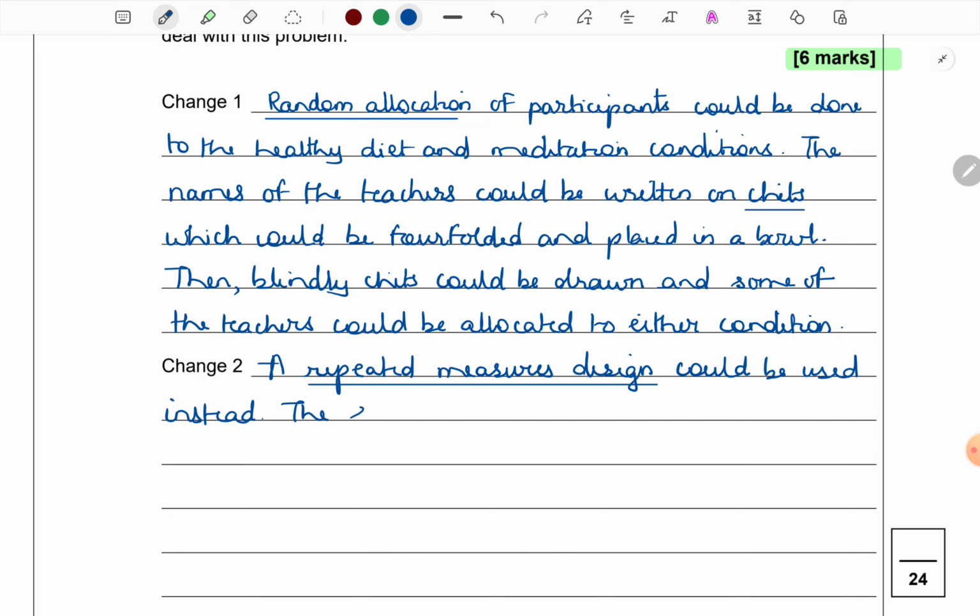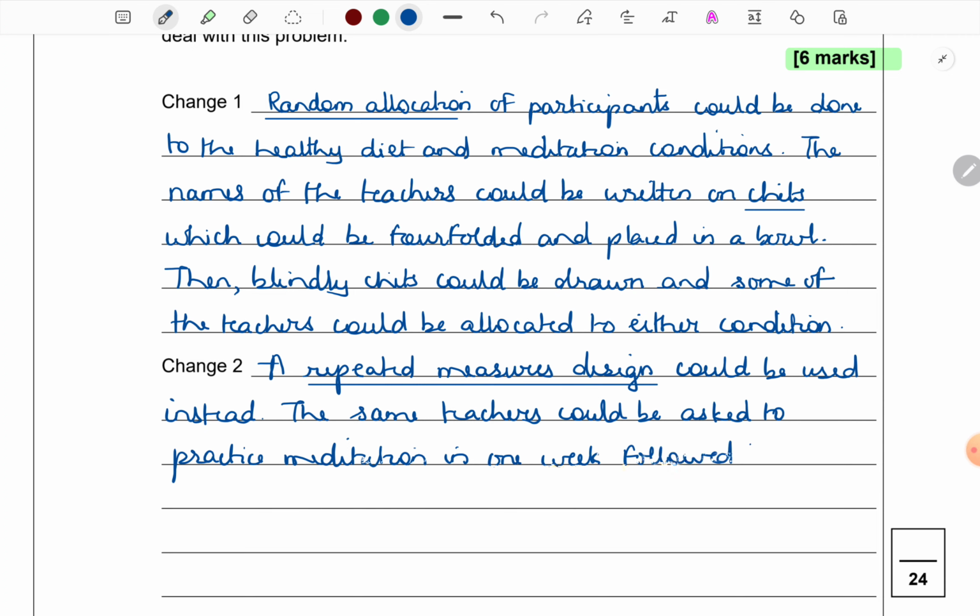The same teachers could be asked to practice meditation in 1 week, followed by a healthy diet in the next week, or vice versa.